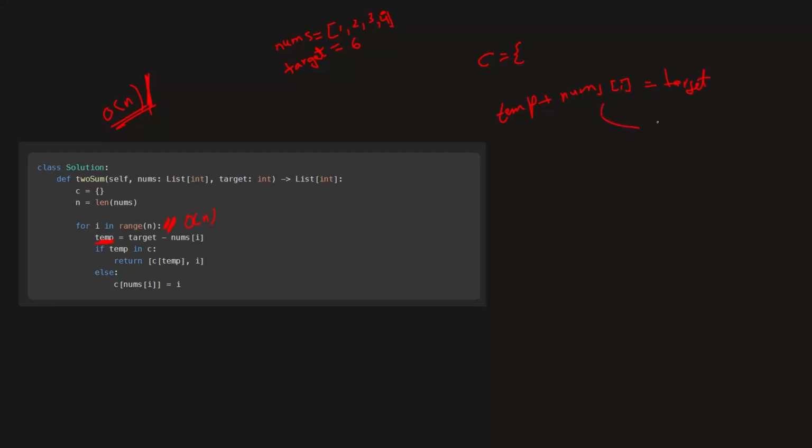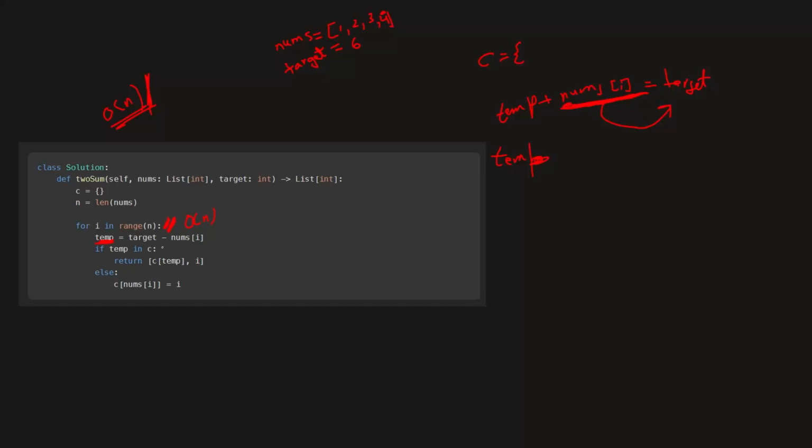So we just brought this here. We have this temp. Since we are at nums[i] right now, temp is what we require so that the sum of nums[i] and temp is equal to target.